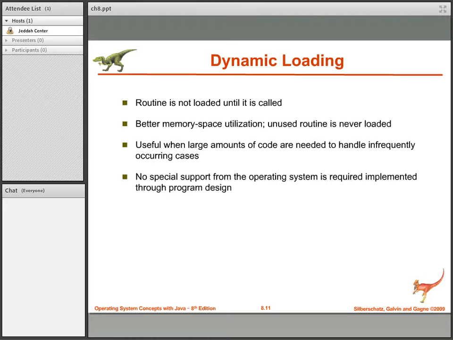For example, if you have large amounts of code that handle infrequently occurring cases, so you have a small number of cases that do not happen frequently, but handling them requires a large amount of code, then there is no point in loading the routine fully, because first you are going to use it infrequently, and second, you might as well use the large space required for other purposes in the memory.